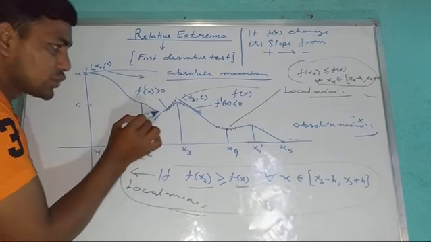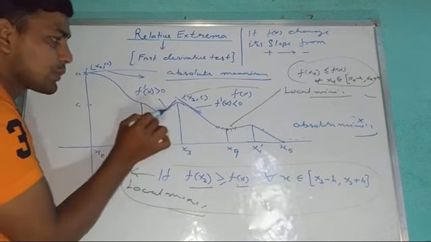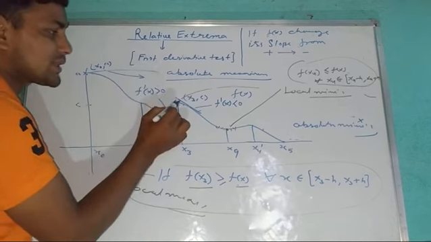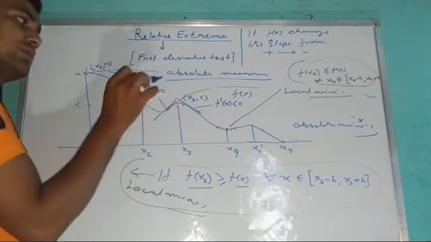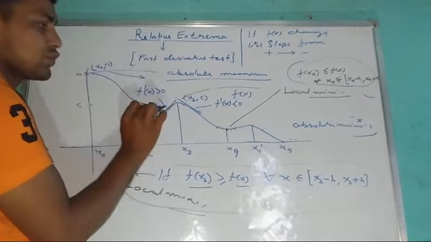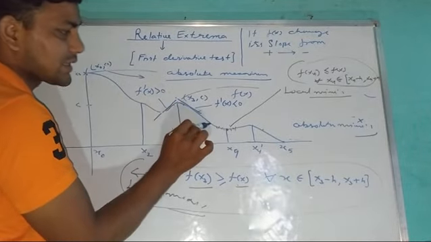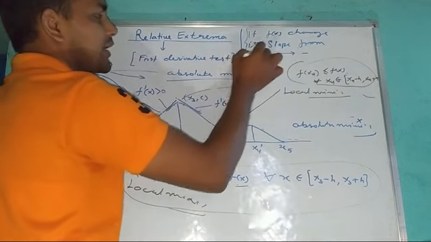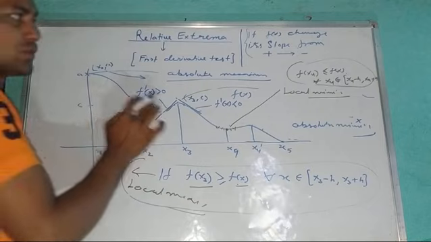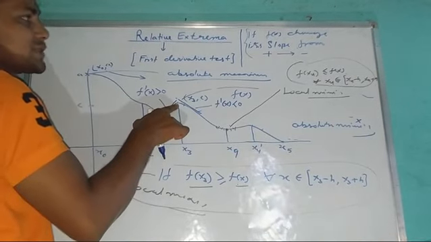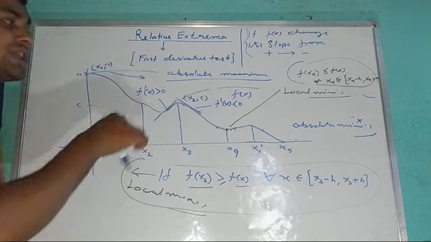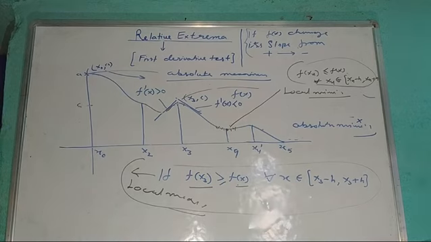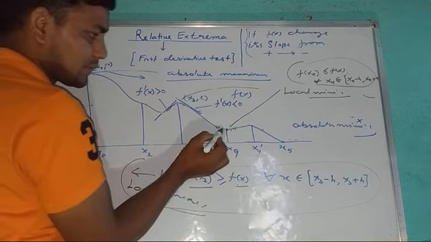Okay, when we approach x3, then the slope is positive, and when we cross x3, then the slope is negative. It means this point is maximum point, local maximum point or maximum point. Okay, this is a relative extremum point in which the function changes its slope from positive to negative, and this point is maximum point. Similarly, for example, this is the minimum point.